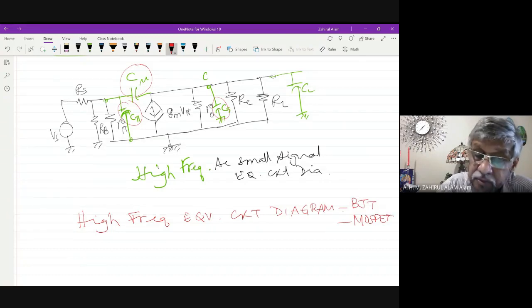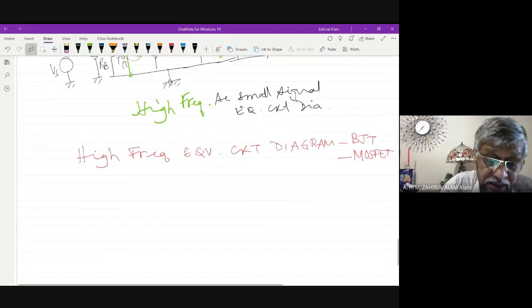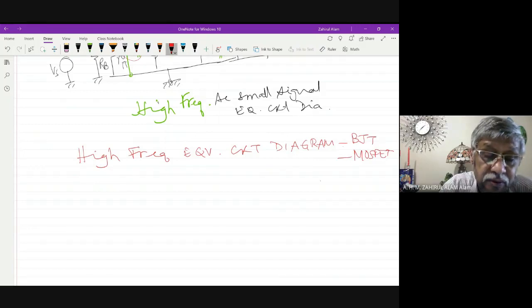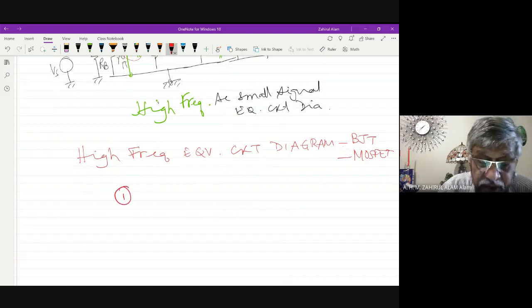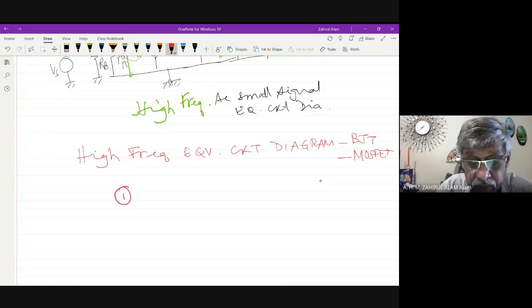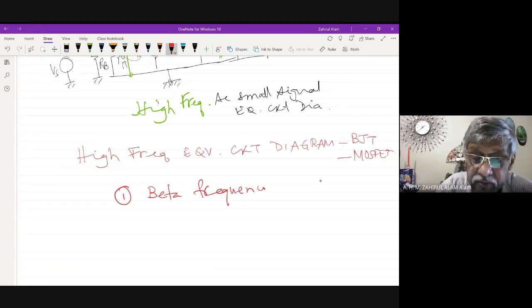Now, for this high frequency circuit, we need to study, so let me make it a little bit thicker, study 1: this is beta frequency, and the cutoff frequency.